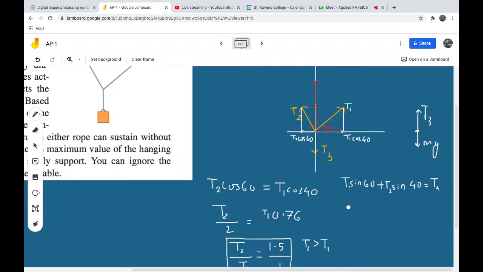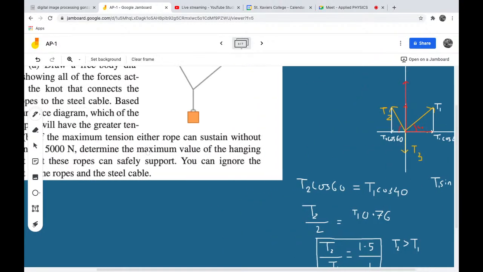So T3, which is the right hand side of this, has to be equal to mg. So this actually solves the second part.